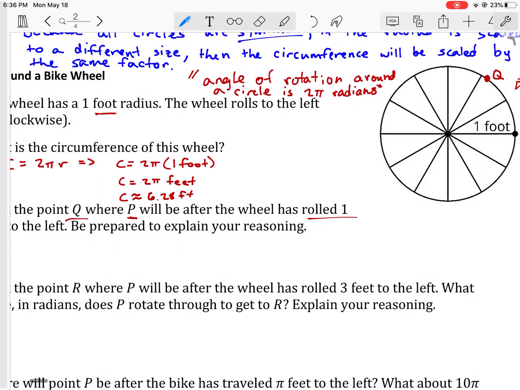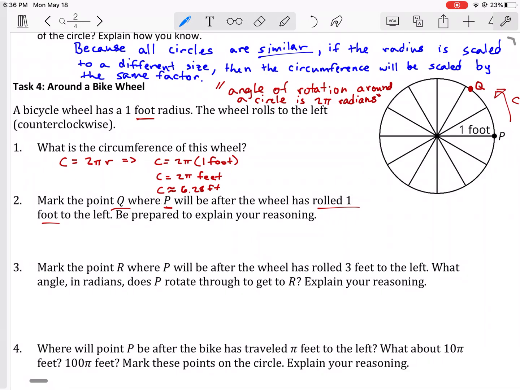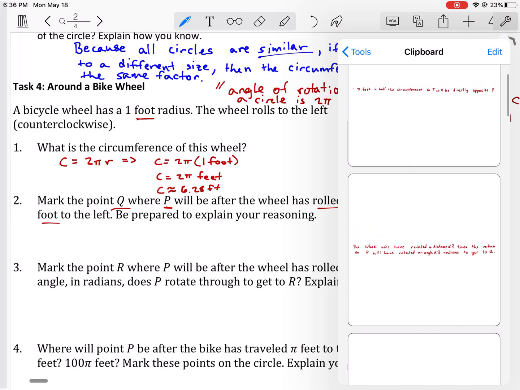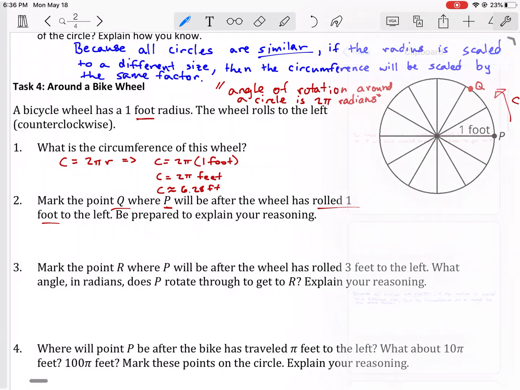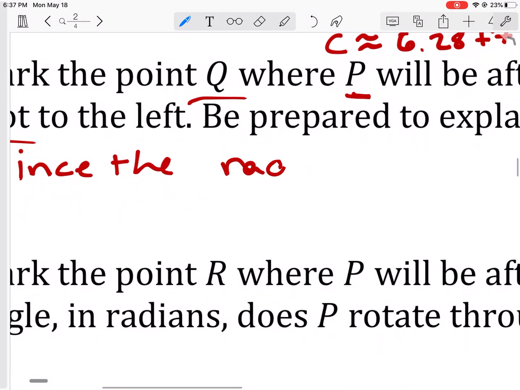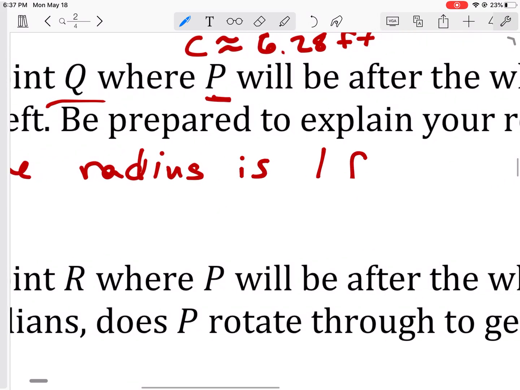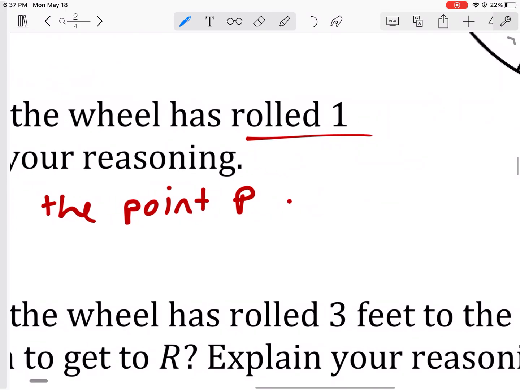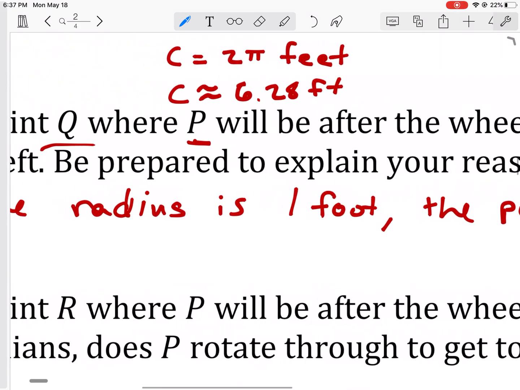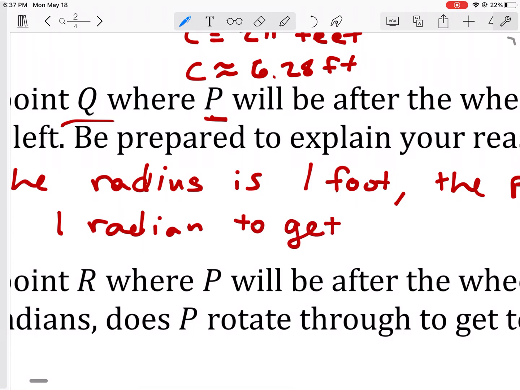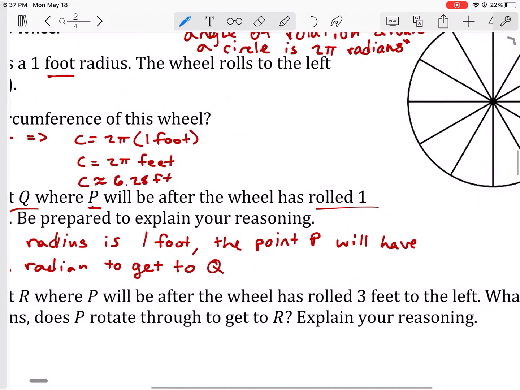And my thought on that is, since the radius is 1 foot, the point P will have rotated 1 radian to get to Q. So basically what I'm saying is we have this point Q up here.